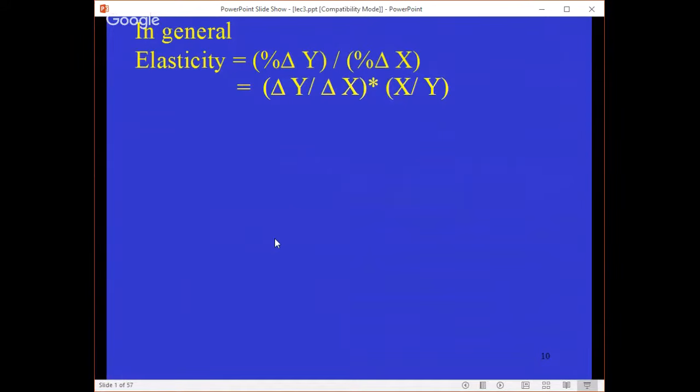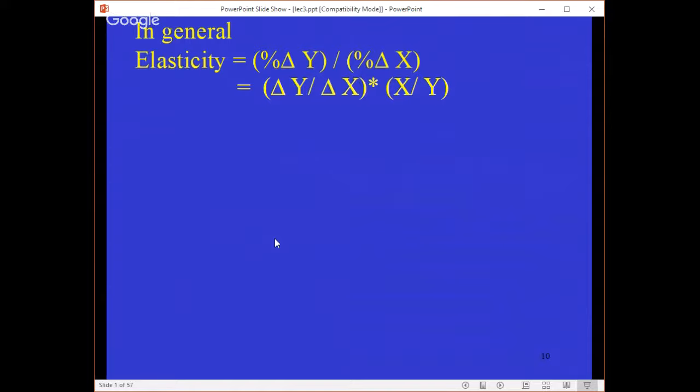Okay. So here's the algebra that I did on the board with the general elasticity with y and x. So I have the percentage change in y divided by the percentage change in x. I go ahead and rewrite that, the way I have it over here: the change in y over y divided by the change in x over x.